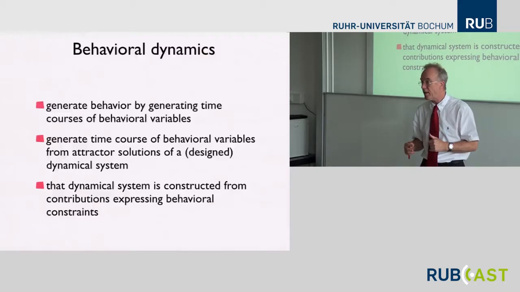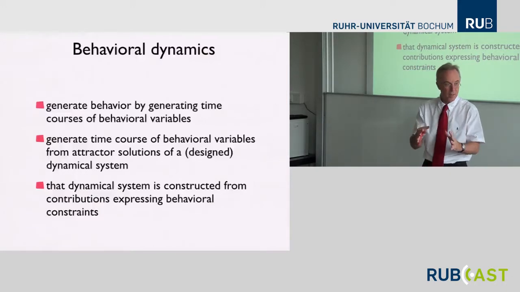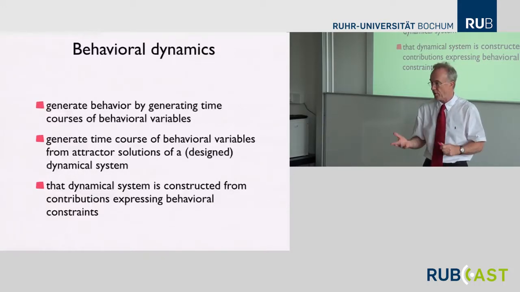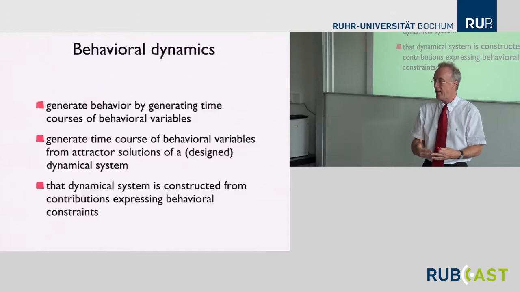We do very similar things in modeling human behavior. And when we model human behavior, you could think of the constraints being your experimental observation of behaviors occurring, certain values of your behavior variables being observed under certain environmental conditions. And what you want to do is design a model, a dynamical model, that generates these data as solutions.